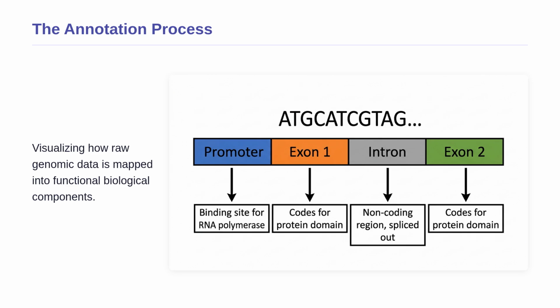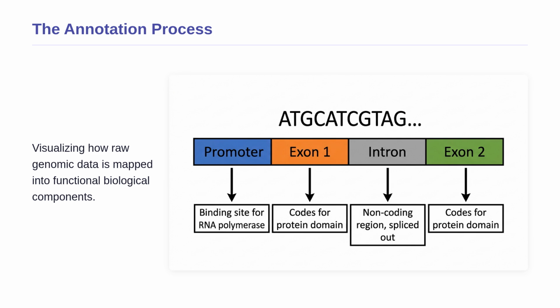Let us visualize everything we have discussed so far. In this diagram, you can see the complete sequence annotation process. At the top is the raw, unformatted DNA sequence. Below it, structural annotation has identified the physical boundaries, breaking the sequence into a promoter, exon 1, an intron, and exon 2.